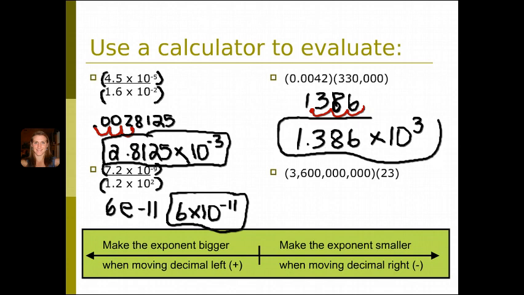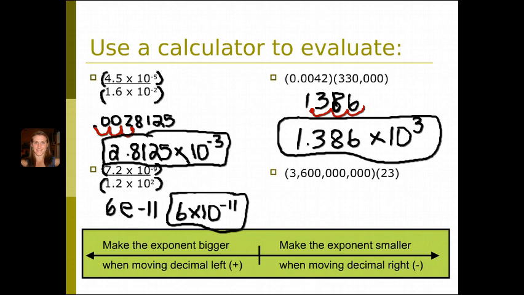And for the last example, again, you're going to put this into your calculator the way that you see it with parentheses. So you have 3600, 000, 000, close your parentheses, and then open up another parentheses, put 23, close your parentheses. The answer you get, as you can imagine, would be a lot of zeros.